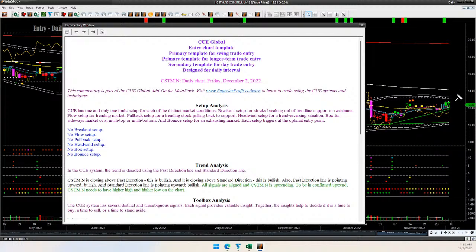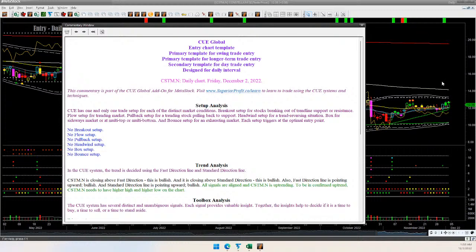You could open the commentary, and now this pointer is on Friday's candle, and you can also see it from the commentary itself. Friday, December 2, there is no trade setup, and you could use these arrow keys to move backward or forward, or you could click on the chart.